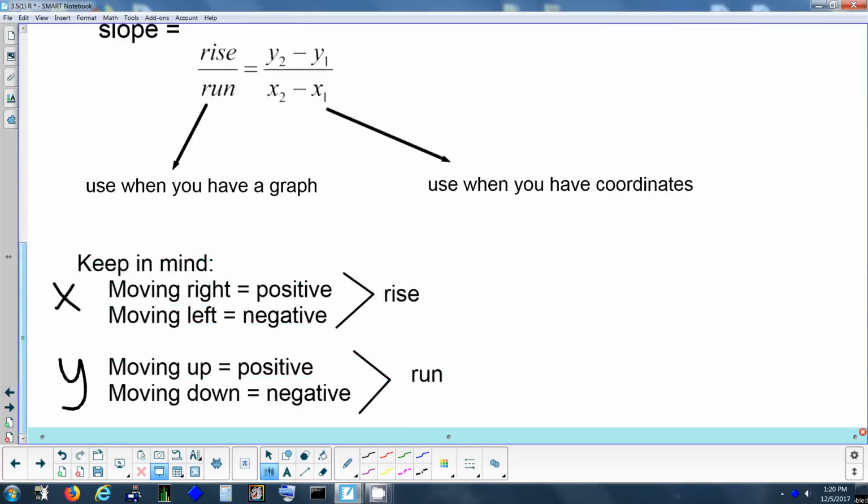These are dealing with the Y. Right and left for X, up and down for Y. So if you're moving right, it's positive. If you're moving left, it's negative. Right or left is going to be your run. Then for your Y, if you're going up, that means it's positive. If you're going down, that means it's negative.